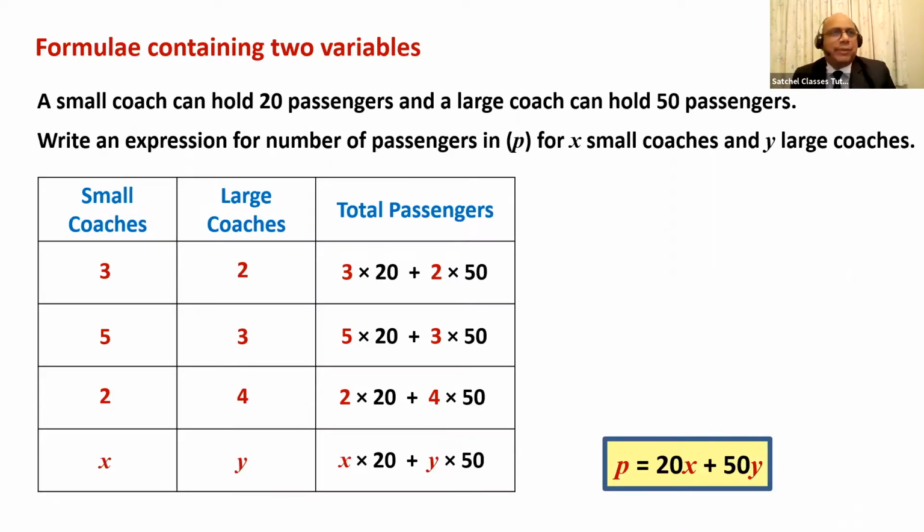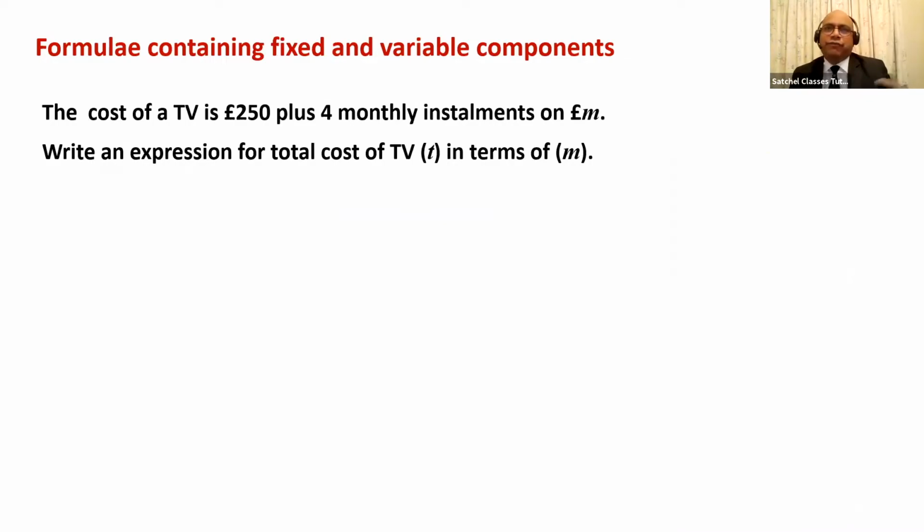Let's take an example. These are the formulae which have a fixed component and a variable component. The cost of a TV is 250 pounds plus 4 monthly installments of M pounds. Write an expression for the total cost of the TV, which is T, in terms of M. So while buying a TV, you make a down payment of 250 pounds and then you pay the remaining amount in terms of installments.